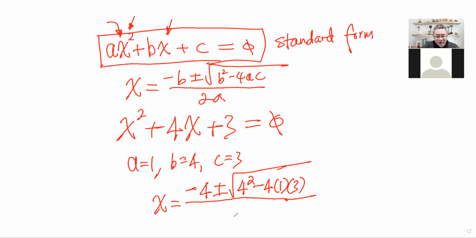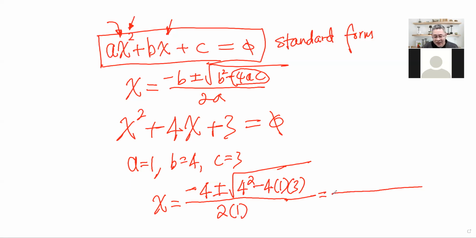So the 4 is multiplied by the a and the c. Right, we say here 4ac. Good. And we got 2 times 1.